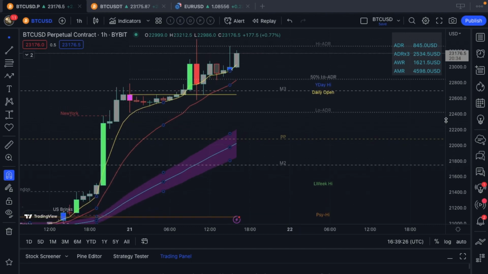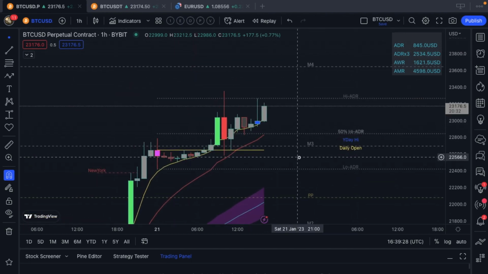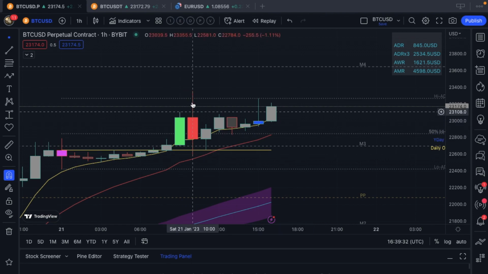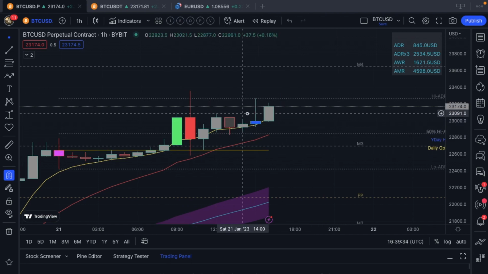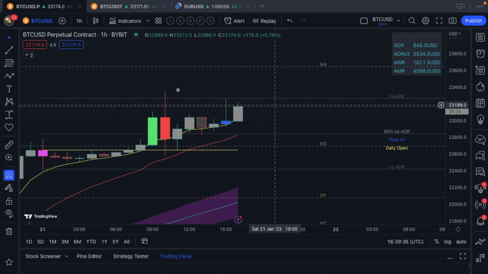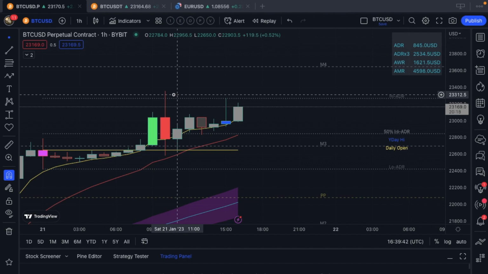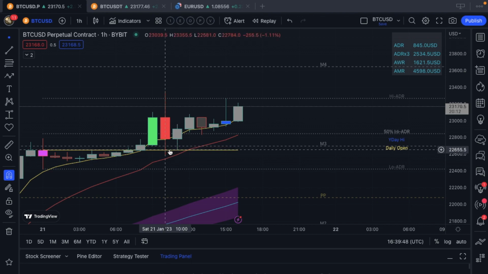I'm on the 1 hour, so we'll stick on the 1 hour for now. Okay, so price shot up here. Here's your ADR. And we had some factors here that we were looking for. So you always use this with confluence. We tested the ADR, and then we come back down and test the daily open.